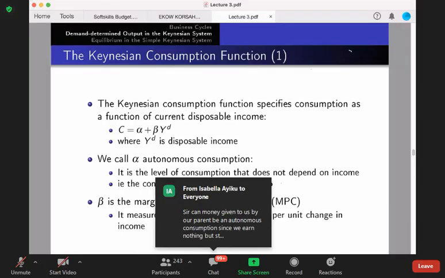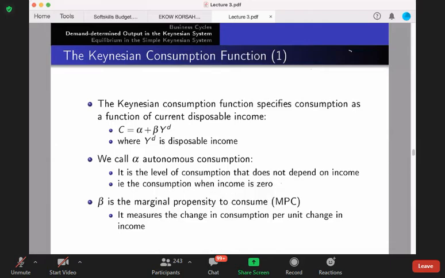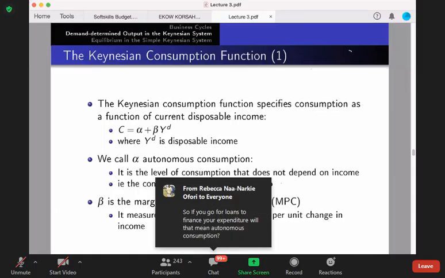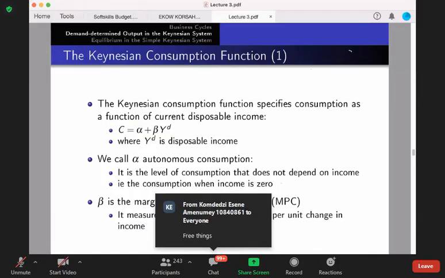The moment you are consuming those kinds of things when you don't have a disposable income, that is an example of autonomous consumption. So Wi-Fi is not a very good example, but it could be anything at all. It could be the Wi-Fi. Okay, you can consume it.